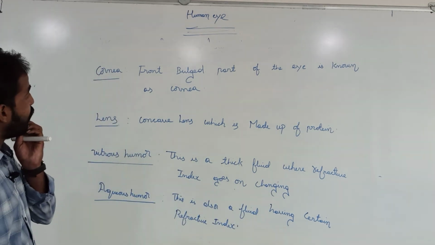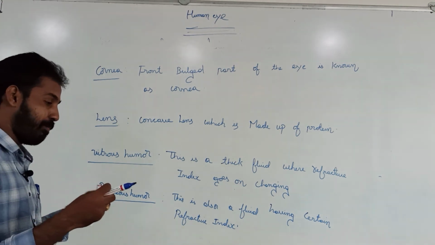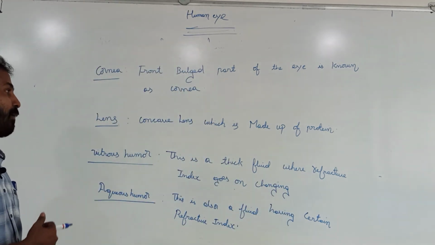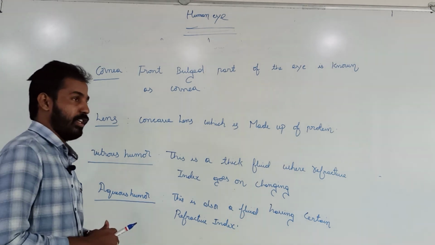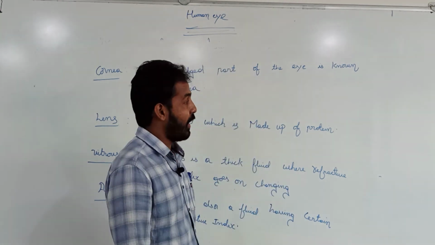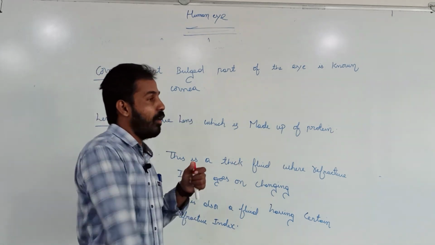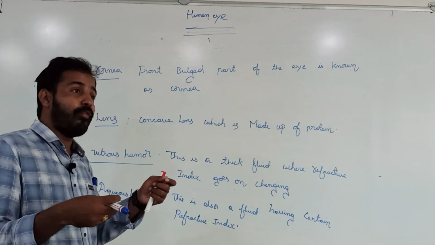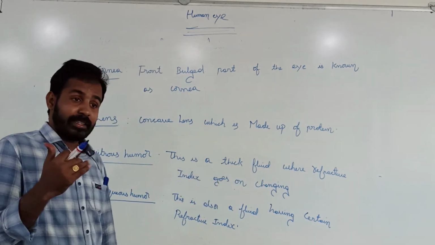So we have gone through the functioning of a few parts of the human eye. We have discussed what the parts are and what their functions are, every part. Now in the eye, three types of refraction go on, and finally the image of the object is formed on the retina. Before the image is formed on the retina, it is bent three times.